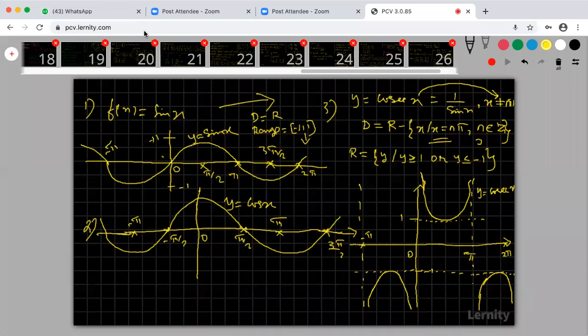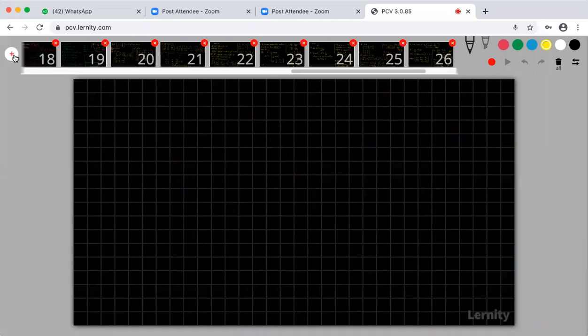Come to the next one. So the next one is secant x.